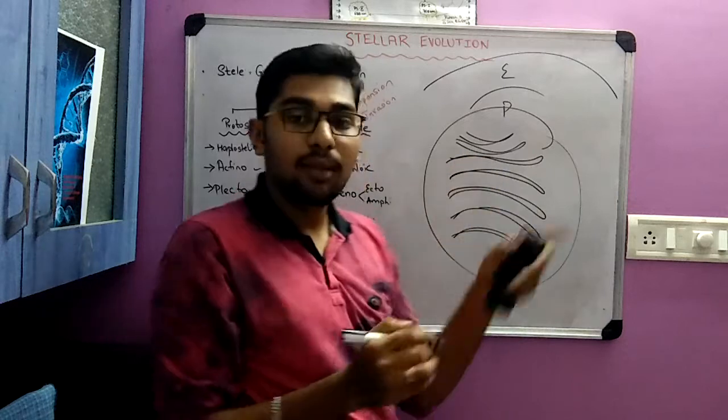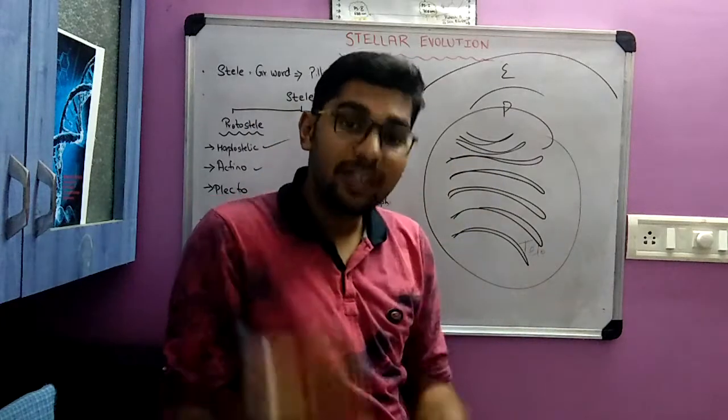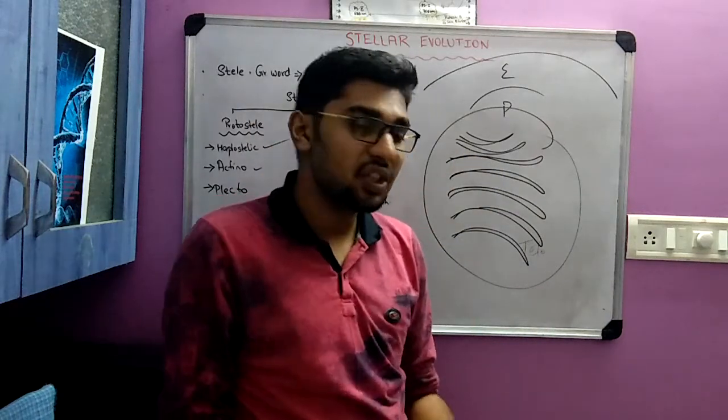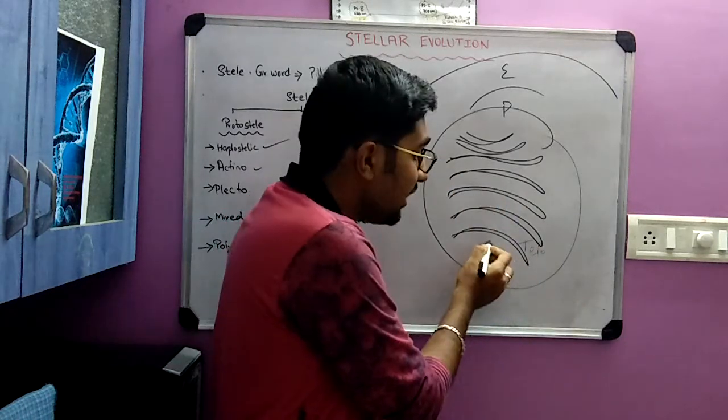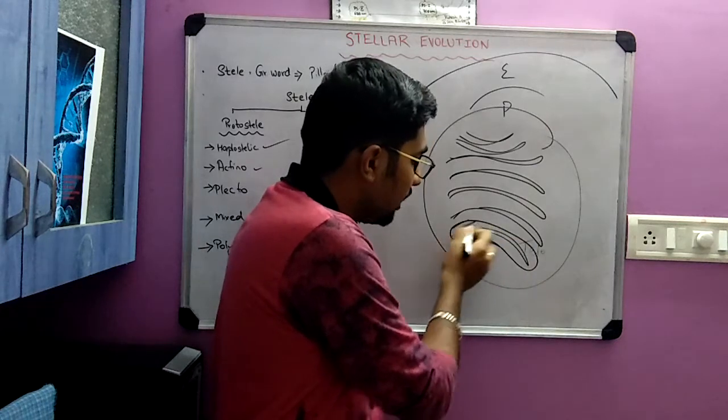So this xylem forms concave disc-shaped or plate-like structures. Such a stele is called plectostele, and surrounding each plate will be phloem.